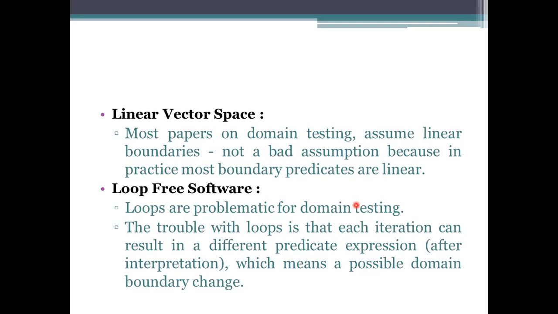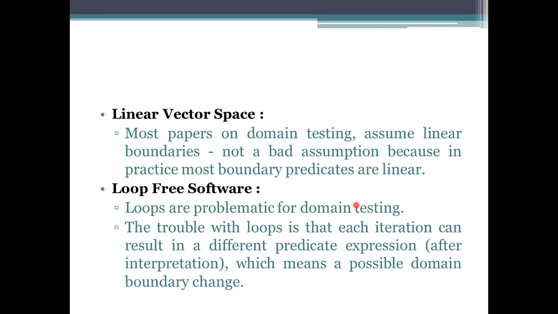Here we need to specify how many loops we are using. If I am using 10 such loops, I have to take care of the 10 such predicate expressions, taking each iteration into account. I need to look after all these things: for each iteration, what will be the answer, and whether the answer has been specified or not.